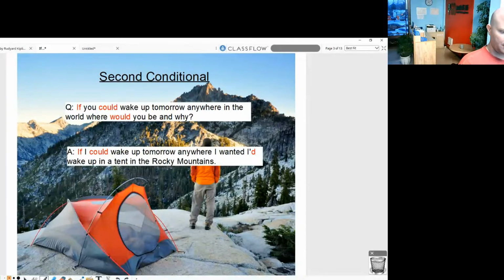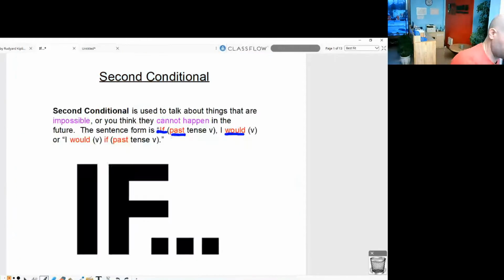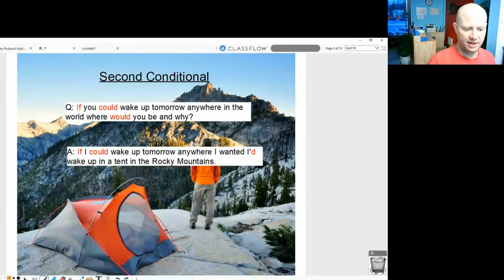So let's compare the answer to the sentence structure again. Review that sentence structure. If, past tense verb, would verb. Okay?